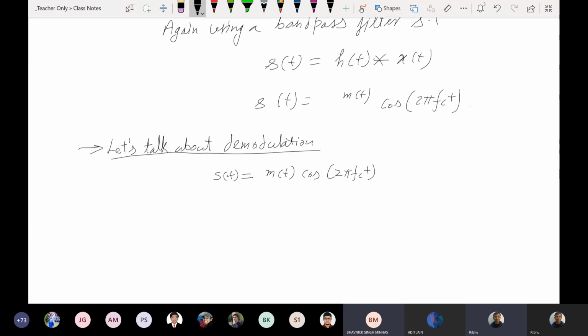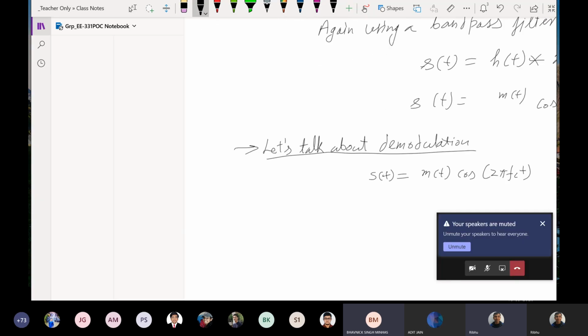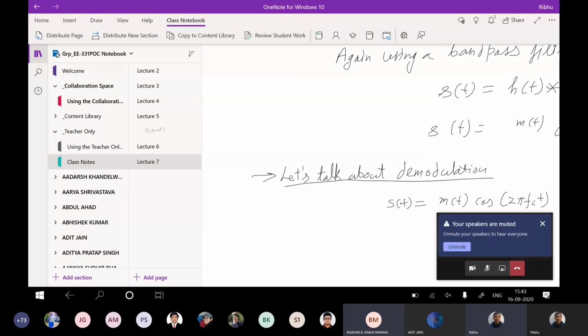Now that we have decreased the information that we're passing through, how would the signal look like? We've seen the frequency domain, but we haven't seen the time domain. Yeah, so just let me demonstrate. Thank you for asking this.